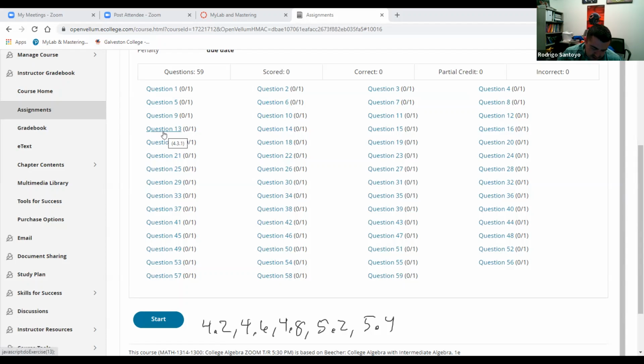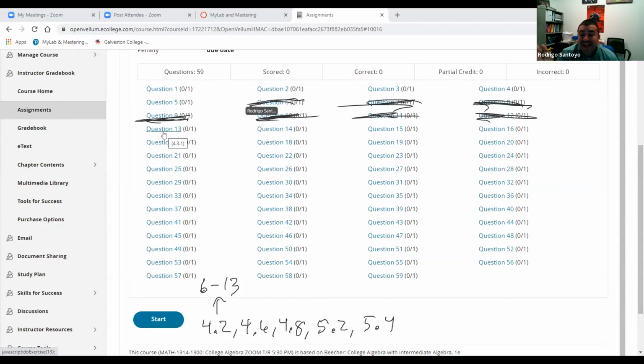Number 6 through 13 is 4.2. There's a good chance none of those will be on the test. I'm not going to put any of those on the test, because why put those on the test when I can put a problem that covers that? Does that make sense?